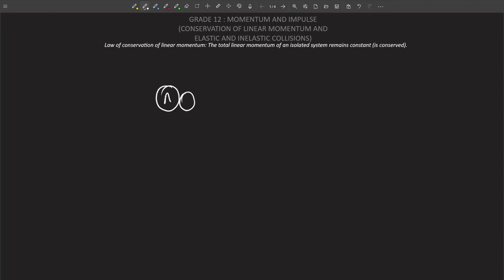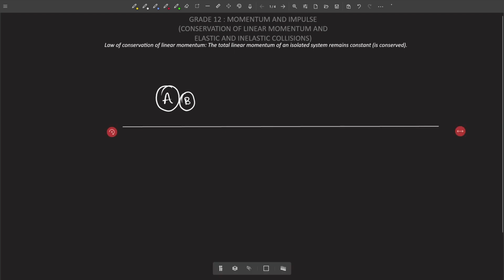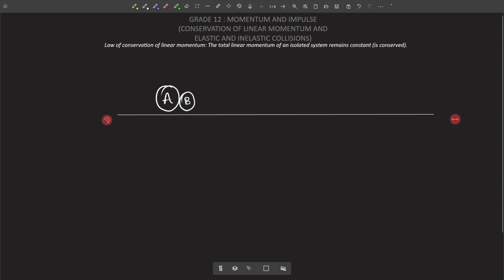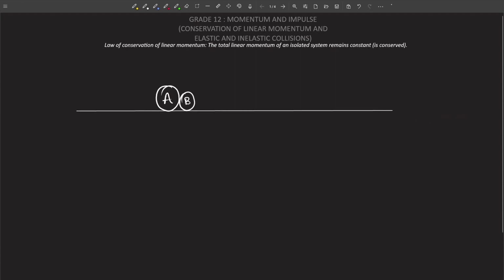We will have these two balls, ball A and ball B. We have these two balls on a horizontal lane.